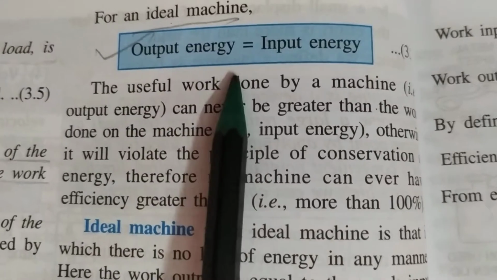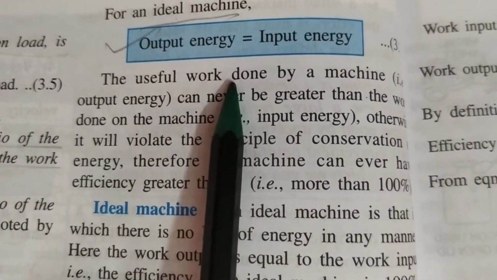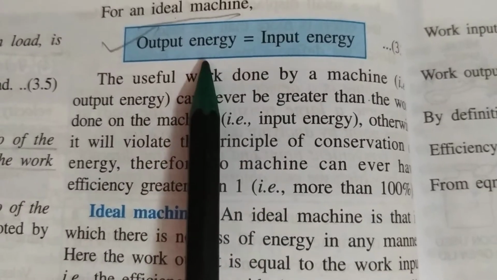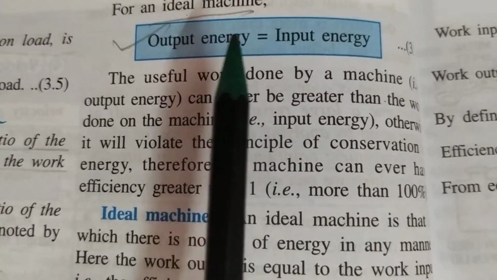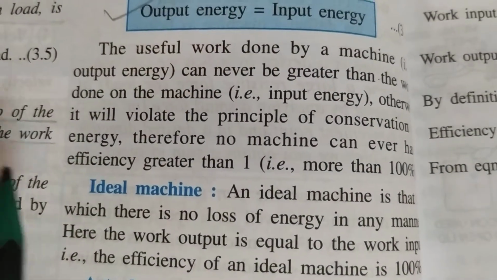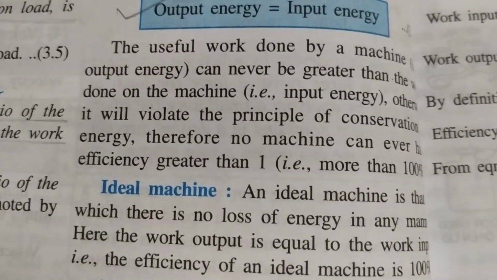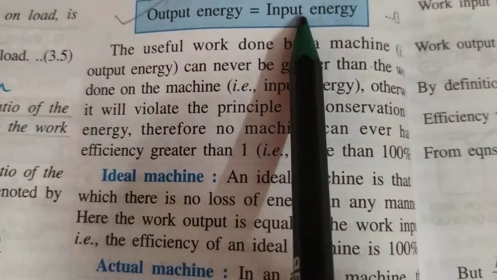And in any practical machine, due to the weight of the machine parts and the friction between the machine parts, output energy or output work is always less than the input energy. That's why the efficiency is always less than 1. And in the ideal cases, it may be equal, right?